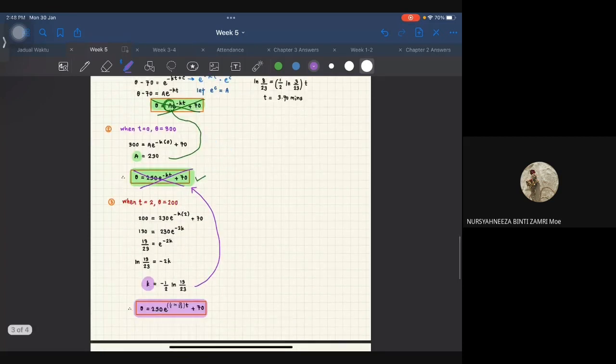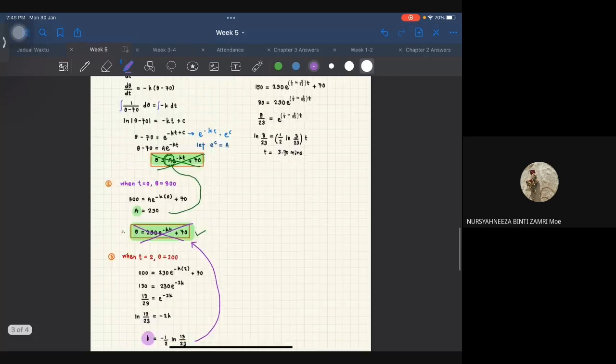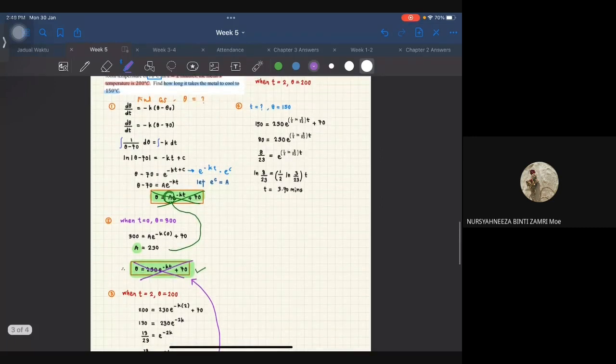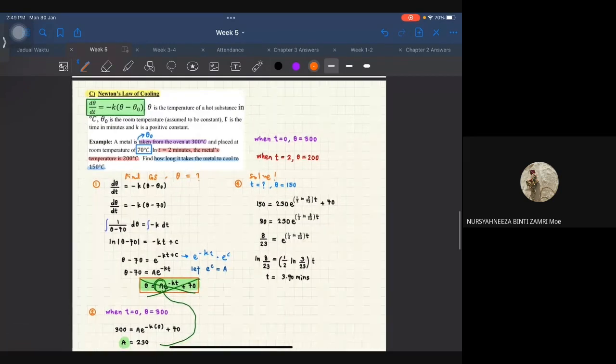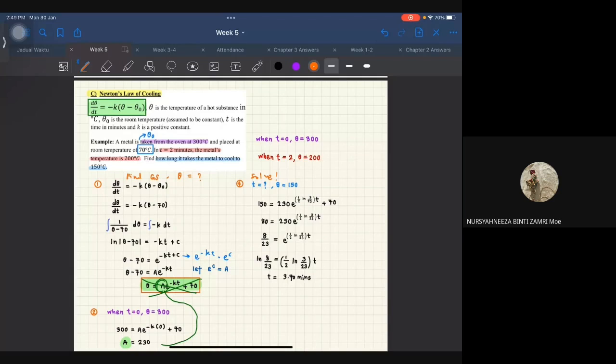Sampai dah settle nilai A, nilai K pun dah settle. Okay, so bila dah settle semua barulah awak boleh solve the problems. So step yang keempat dia mesti melibatkan solving lah. Okay, so itu sahaja. Right, so this is for part C, Newton's law of cooling.